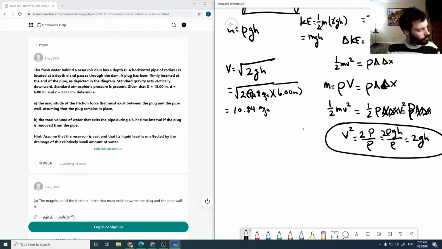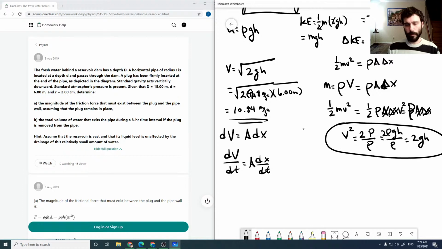So our change in volume we used as our area times our dx. So our change in volume with time is our area times dx by dt. So our velocity is our dx by dt.